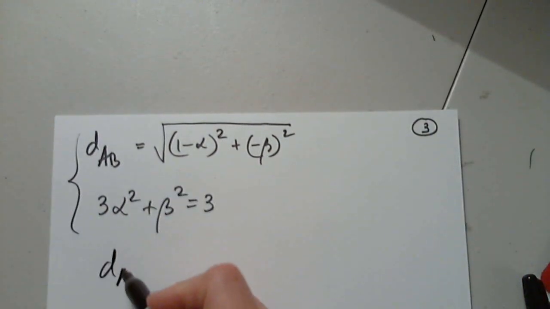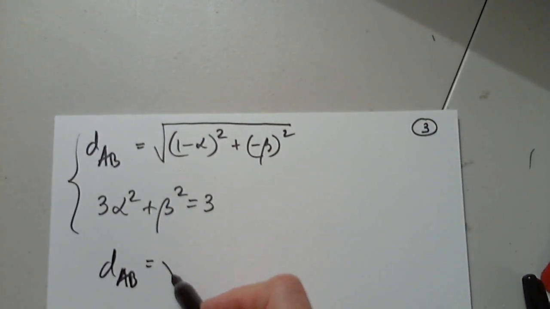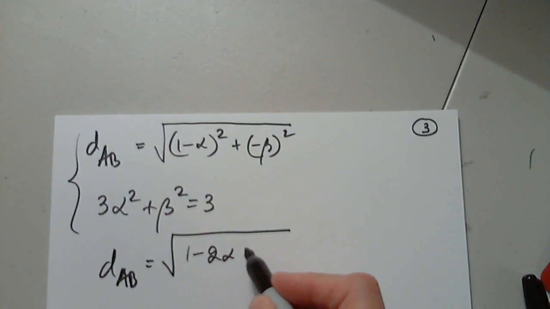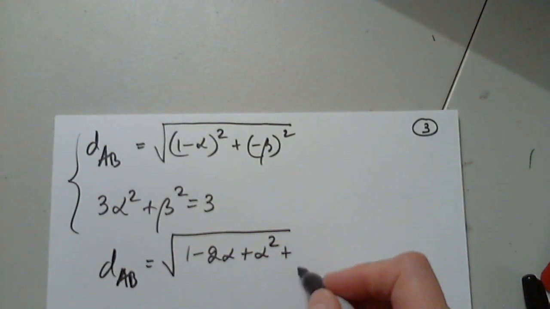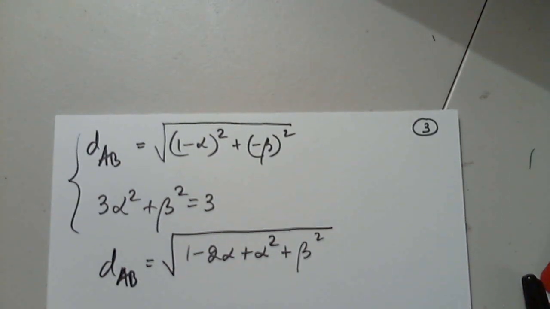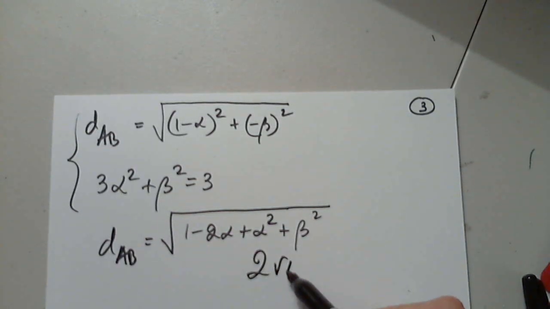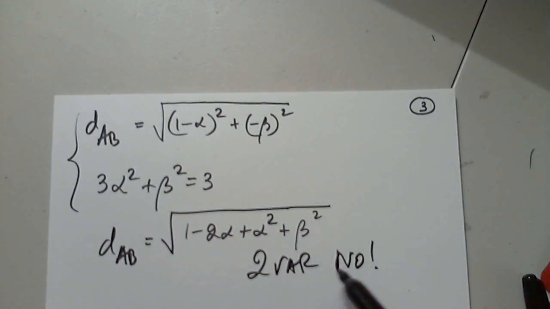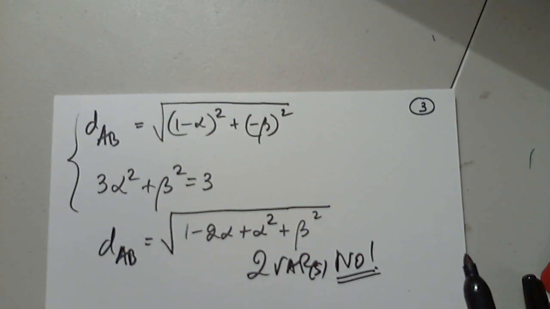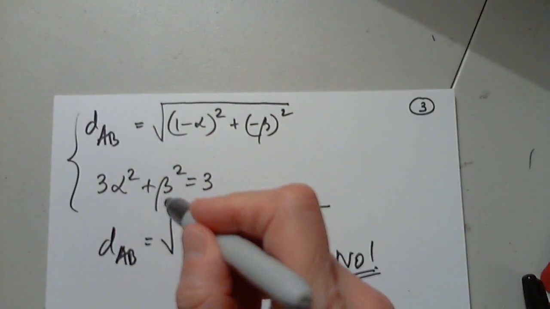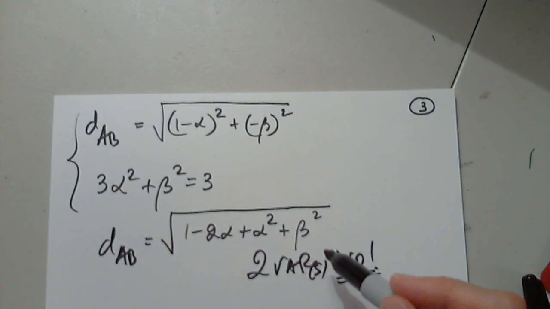The distance, which is our function, is the square root. I'm going to square this: 1 minus 2 alpha plus alpha squared plus beta squared. Our function has 2 variables. Not good. But I have this equation, and I'm going to solve it for what I need.